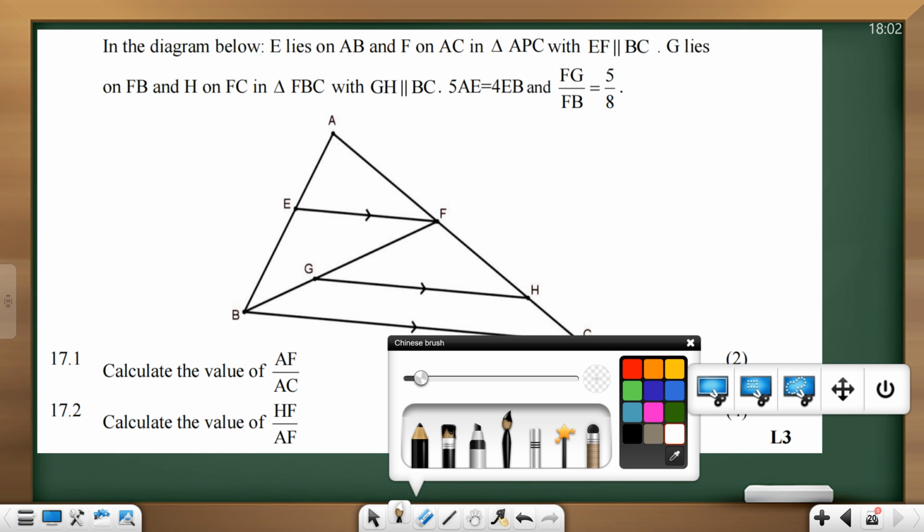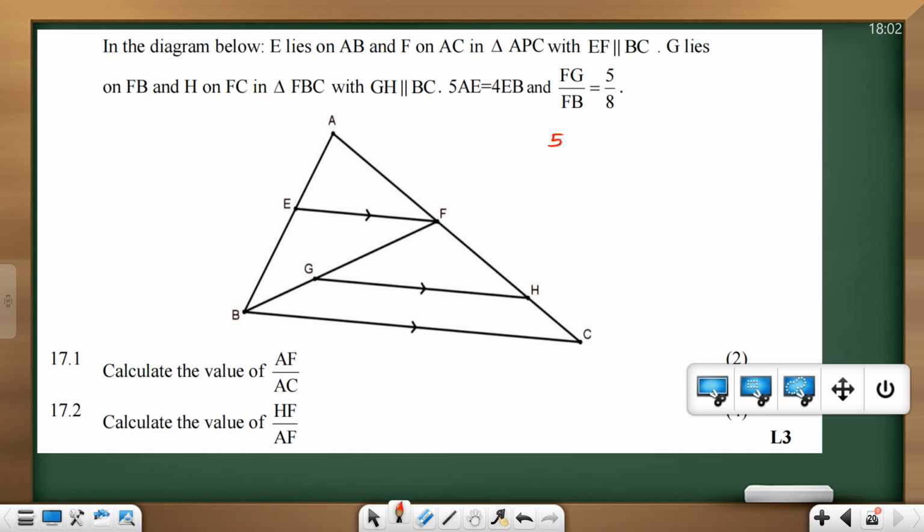What would I have? 5AE equals 4EB. Move the 4 back to the left-hand side; it will become a denominator. So what do I have? 5 over 4. Move the AE back to the other side; it becomes over AE. Change it into a ratio and I have that.